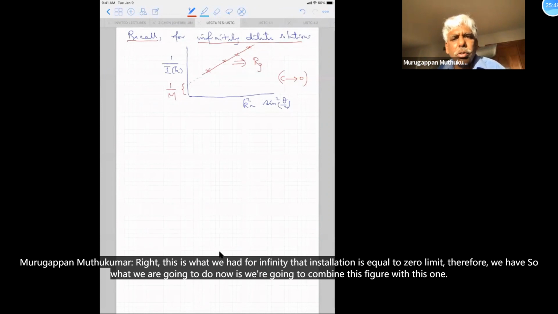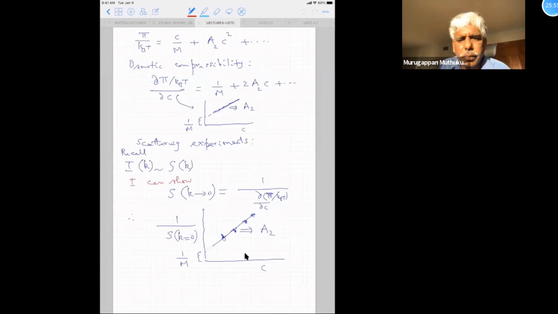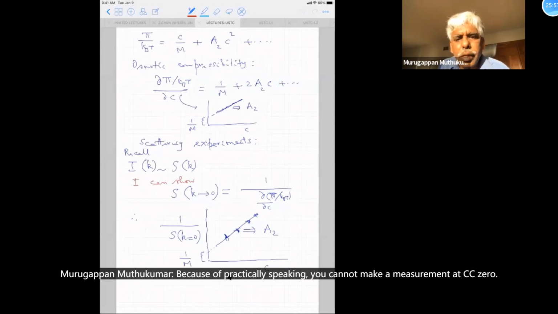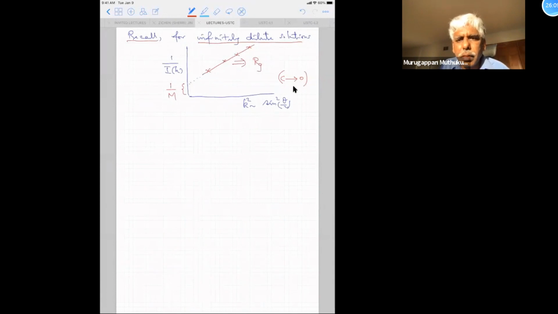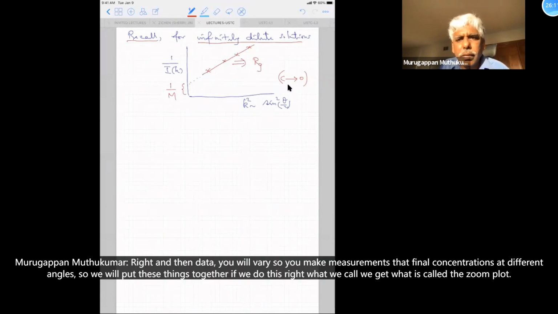So what we are going to do now is combine this figure with this one. Because practically speaking, you cannot make a measurement at C equal to 0. If C is equal to 0, you don't have polymer, you have only solvent. You cannot measure this. So you have to measure it at some finite concentrations, and then theta you will vary.